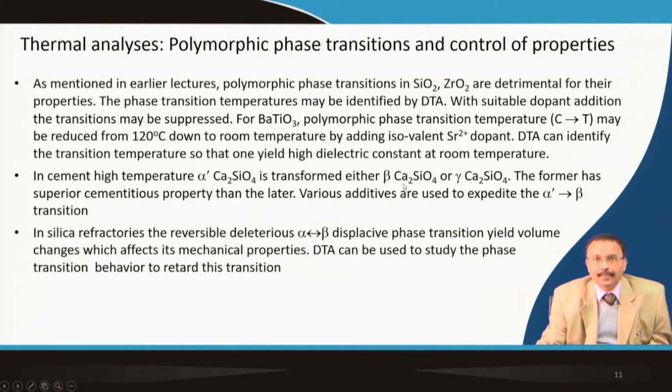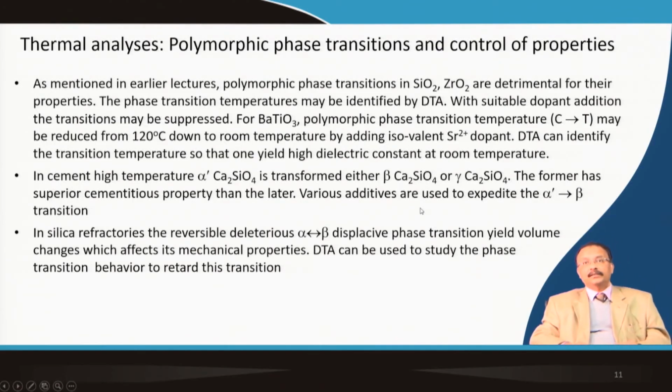So usually various dopants are used to stabilize this phase when it cools down from the clinker to room temperature. The usefulness of this dopant in controlling this phase transition can also be studied by differential thermal analysis, through the transition temperature.